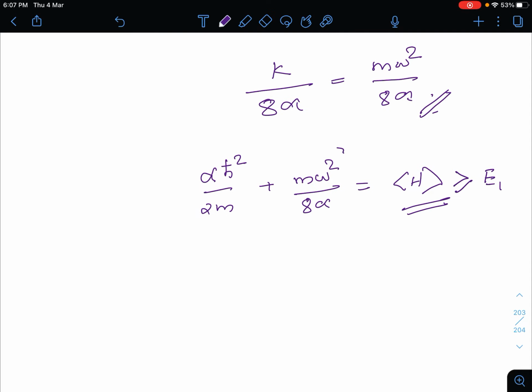Now we have to minimize this. This is a function which depends upon alpha. Am I right? So we haven't defined the alpha yet. So we have to minimize this.